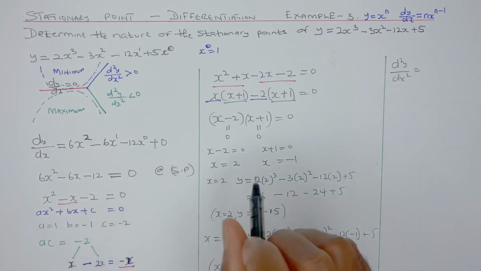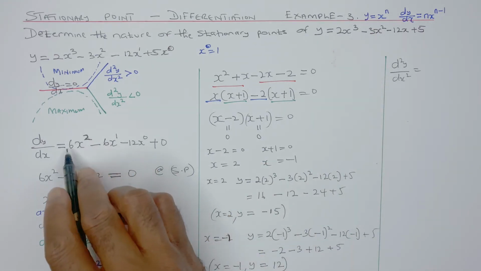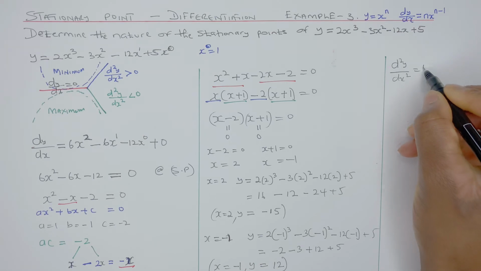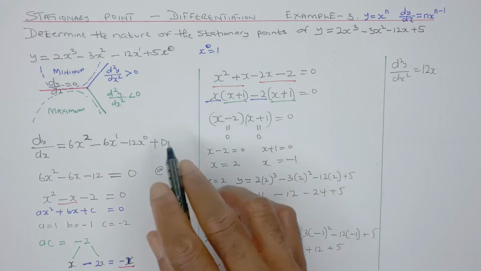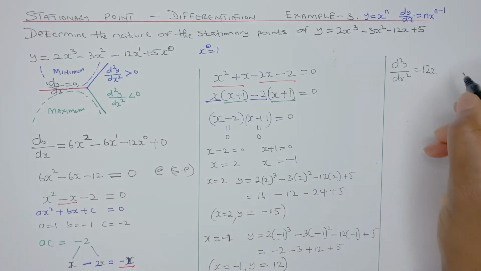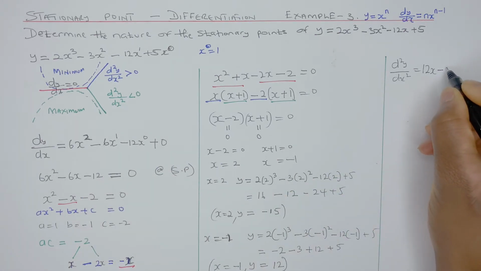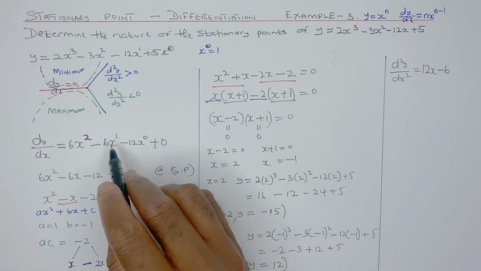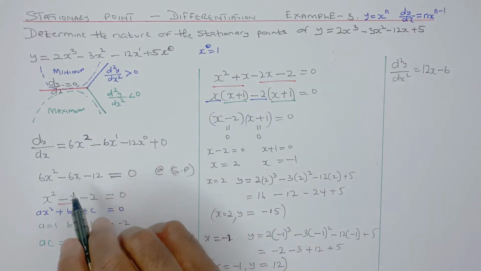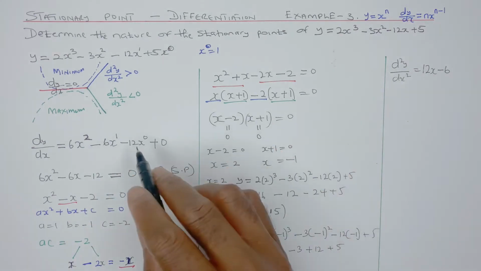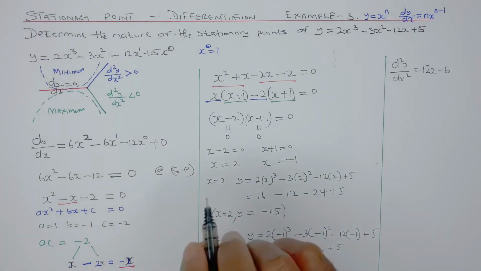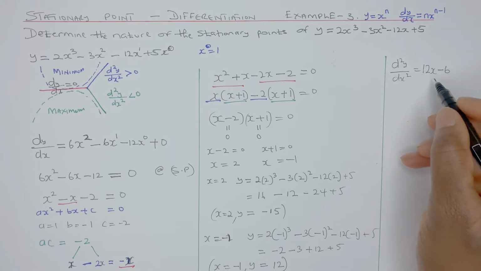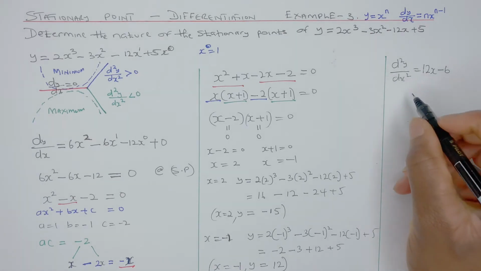If we differentiate it again, 2 times 6 will be 12x to the power 1, and 1 times minus 6 will be minus 6, x to the power 0, and x to the power 0 is 1. And that's it, because the 0 times 12 is just 0. So that's d²y/dx².